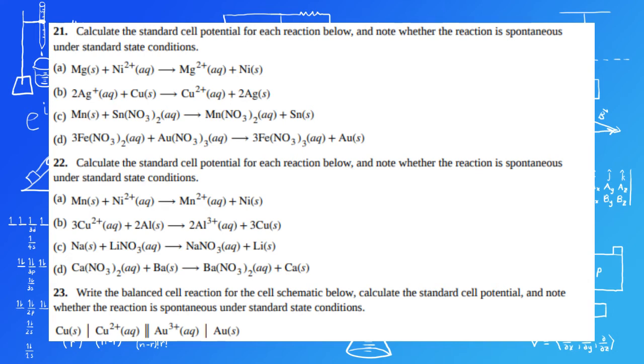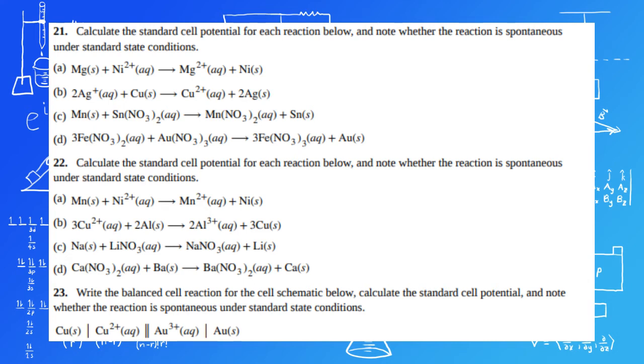Okay, next we've got calculate the standard cell potentials for each reaction below and note whether the reaction is spontaneous under standard state conditions. You do need to make sure you split it into half reactions, or at the very least know how many electrons are being gained or lost by each species.